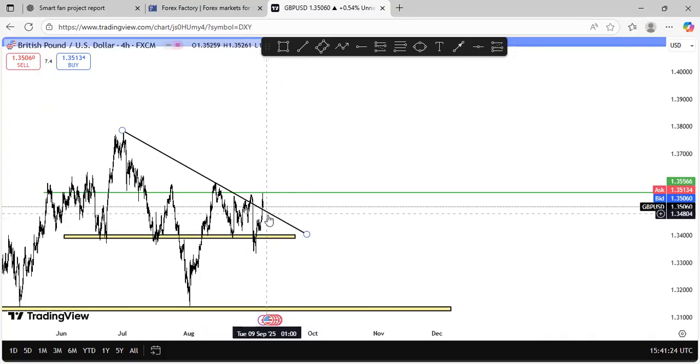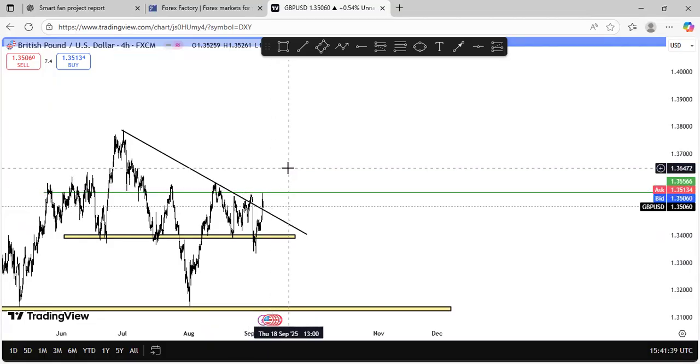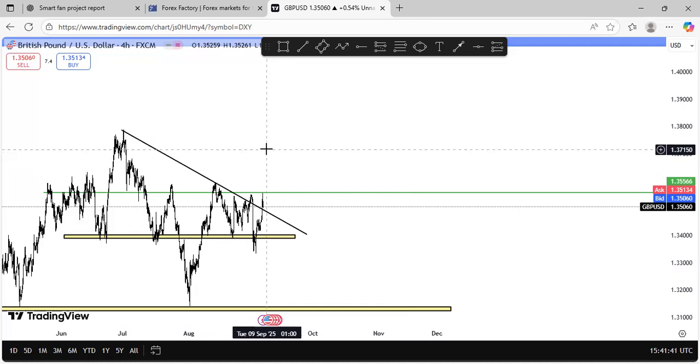So I need to see a kind of reaction around here, then jump into the trade. But a conservative approach would be waiting for price to break our green bar, come for a retest, and then going for longs.